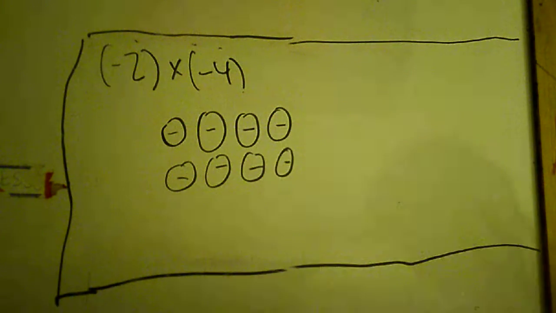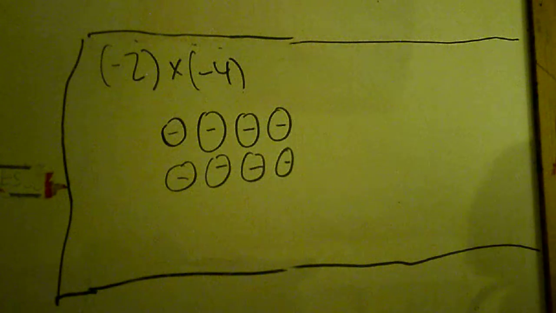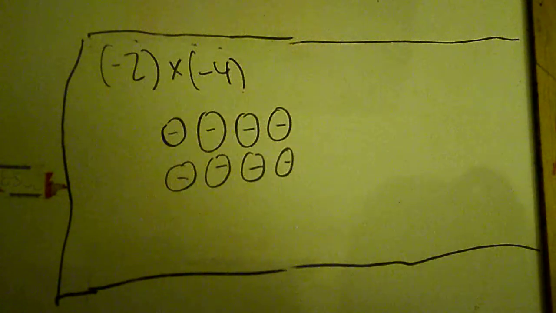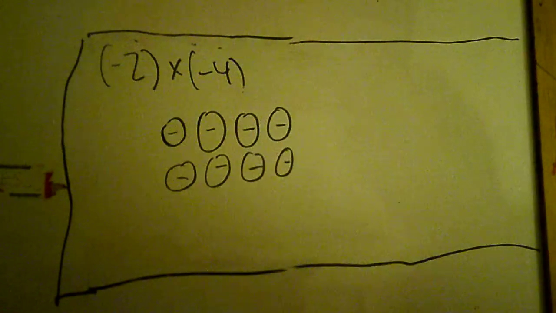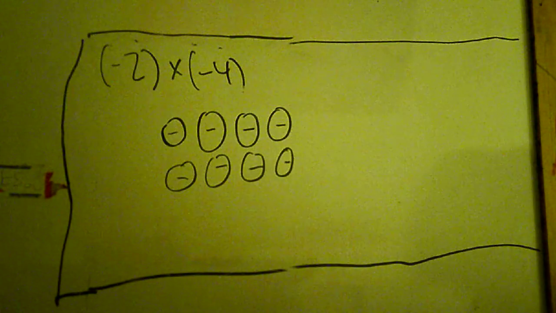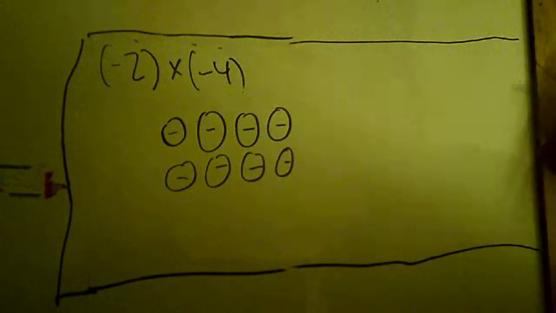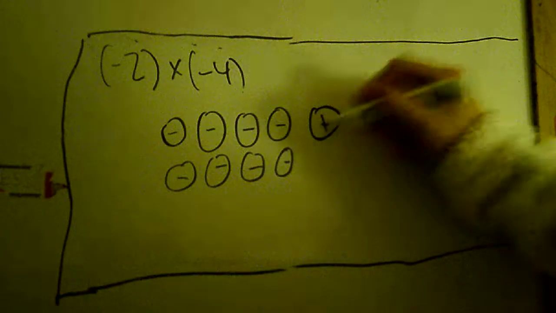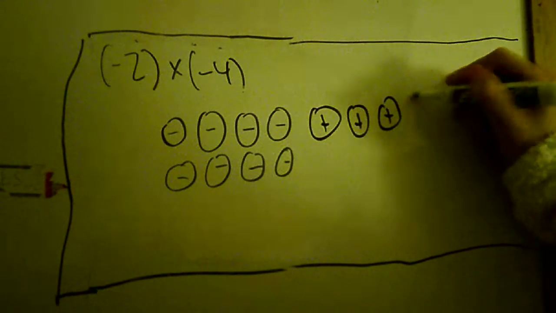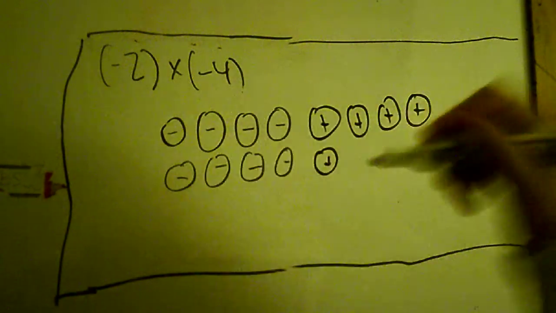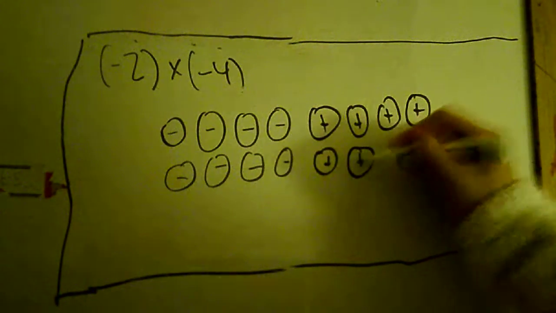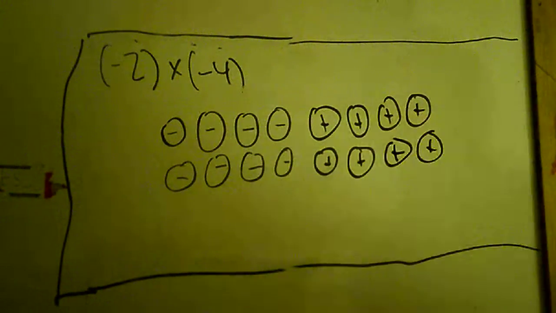For now, that's it. So now the negative sign in negative 2 means that I need to remove 2 groups of negative 4. To do that, I need to make more paires nuls. I'm going to make them over here because I don't have much space. There you go.